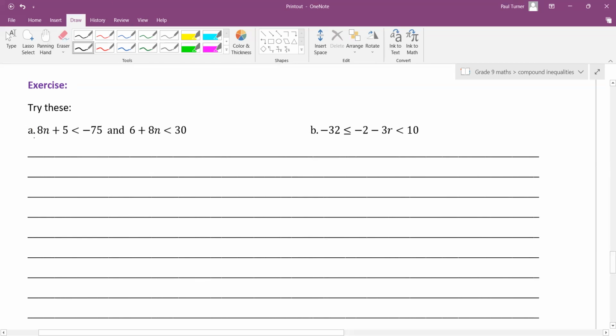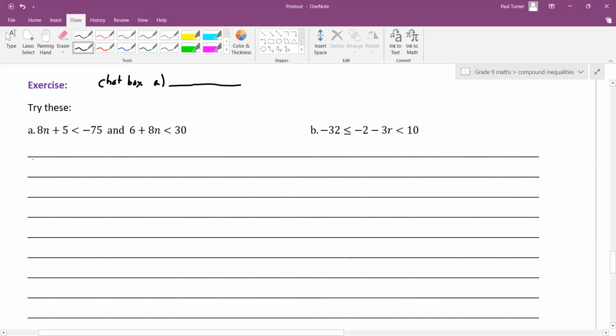So this is question A. So in your chat box, call this A and put your answer in as an inequality, all right? So do both of them first, put them on your number line and look where you can overlap the lines.